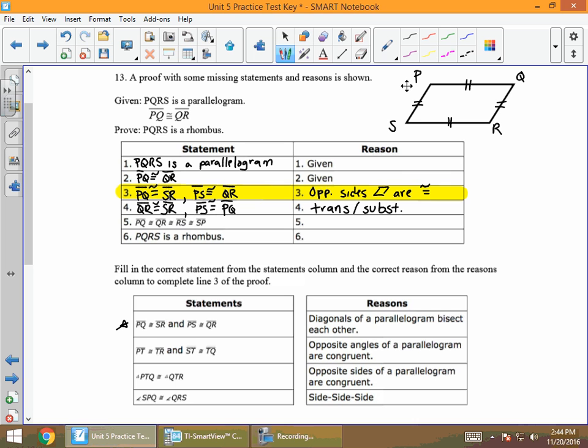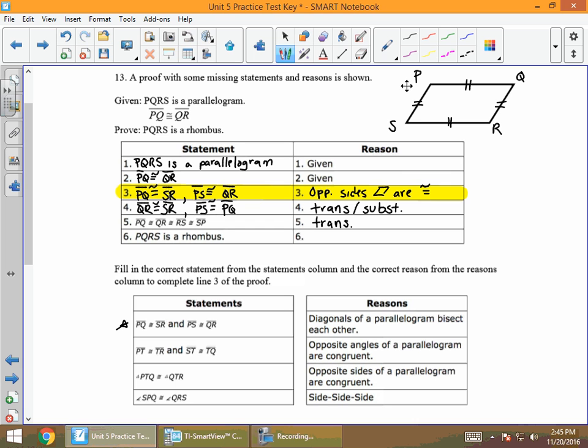Now if I look at lines 2, 3, and 4, since PQ is congruent to all 3 of them, you can see that QR is congruent to the other 3, SR is congruent to the other 3, and SP is congruent to the other 3. So I have all of them congruent to all 3 other sides. So this is again the transitive property. It allows me to say that all of them are congruent.